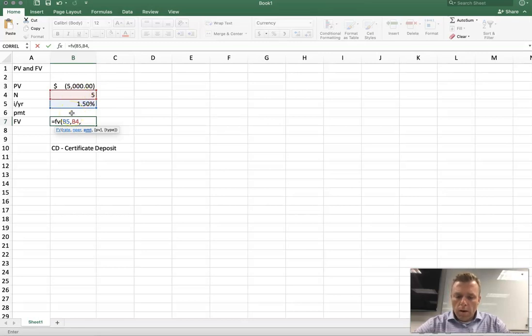Even though we have it here, this is kind of a template if we were to do an annuity or sinking fund, but we're not doing that now. We're just doing a one-time in and one-time out approach with the CD. Present value is negative. And let's just put in 0 because we're going to assume that it's compounded at the end of each period.